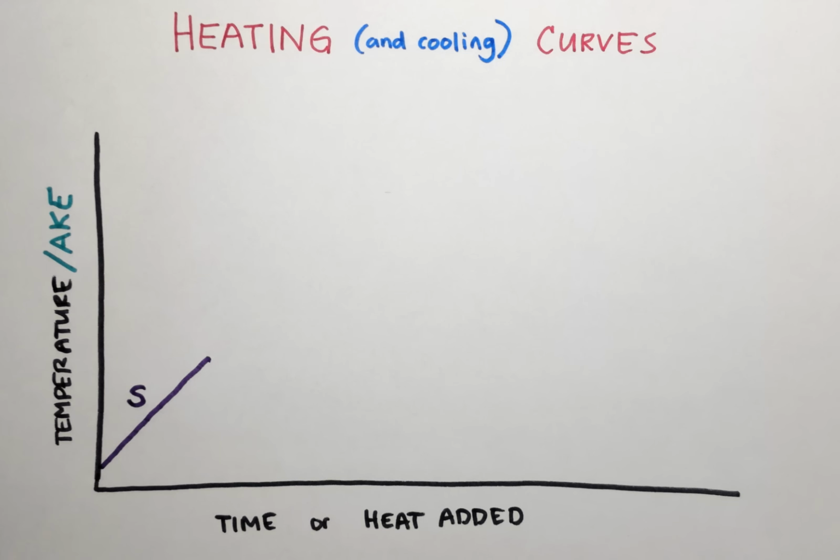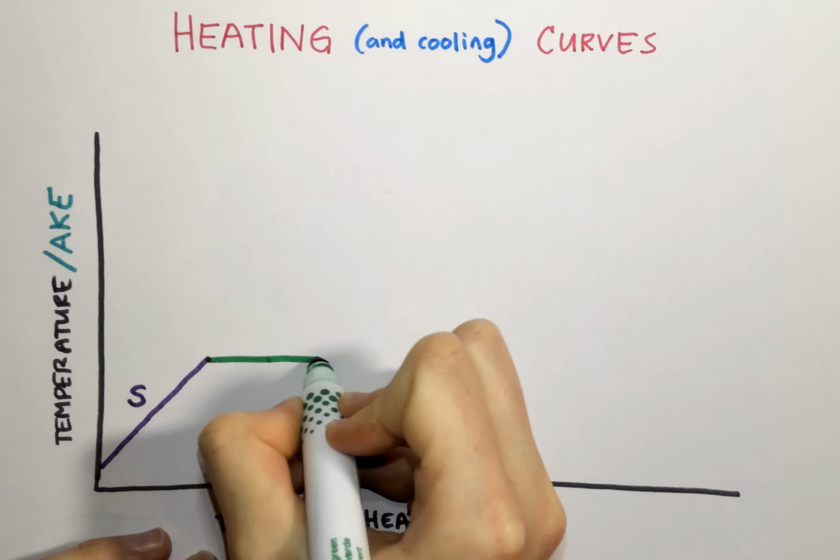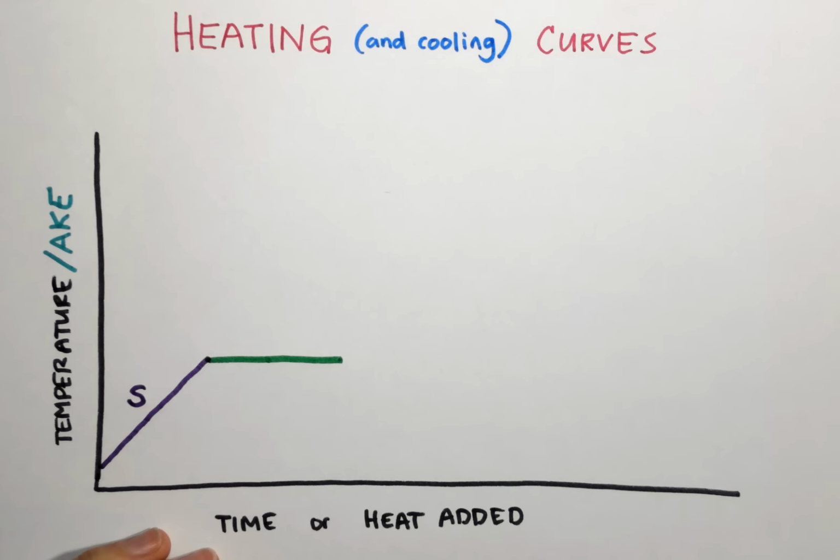So when that process starts to happen, what we see on our graph is that we get a flat line. You guys know that water melts and freezes at 0 degrees Celsius. It just depends on whether you're adding heat in or taking heat out. That melting or freezing process does not happen instantaneously.